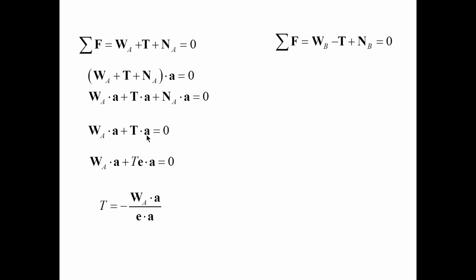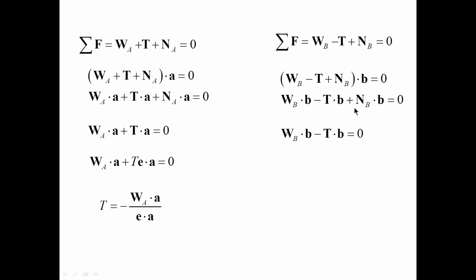I can do pretty much the same thing with the second equation, and here I multiply by the vector B, expand, and observe that NB dotted with B is equal to 0, and therefore I'm left with only two terms.